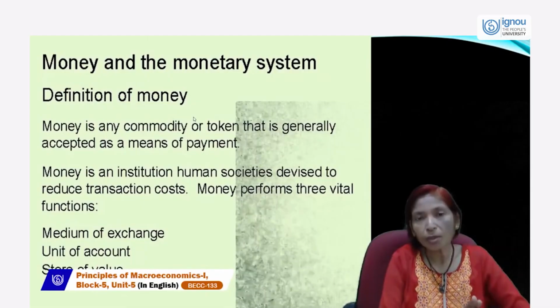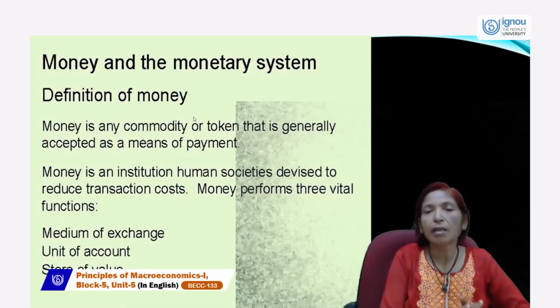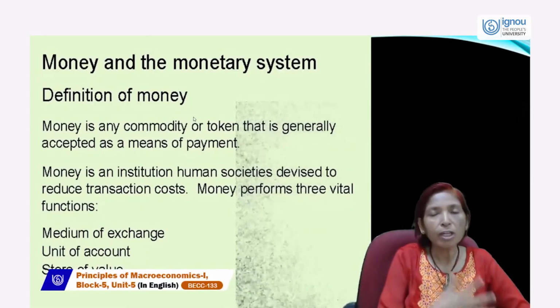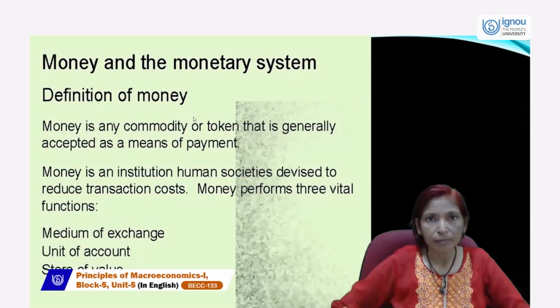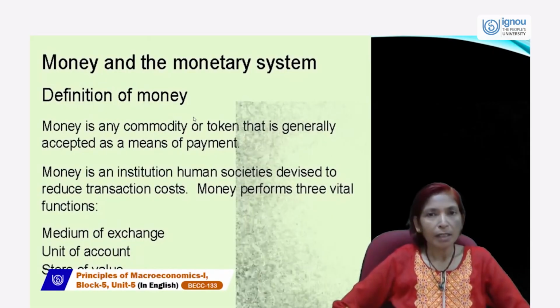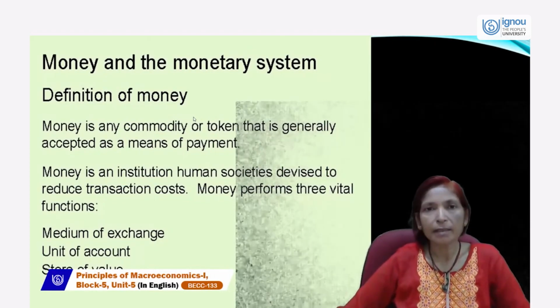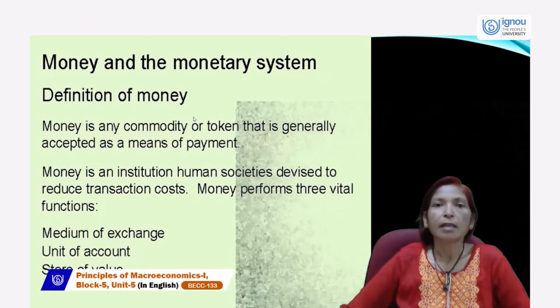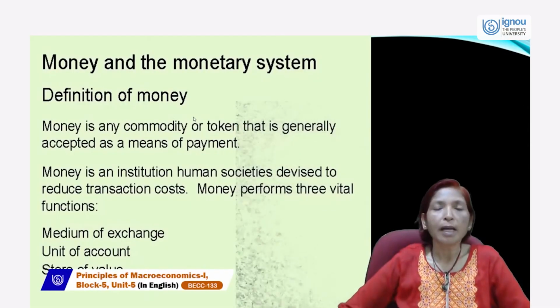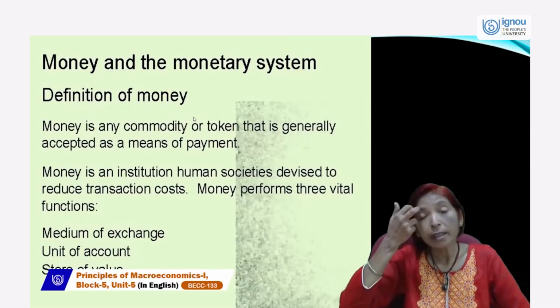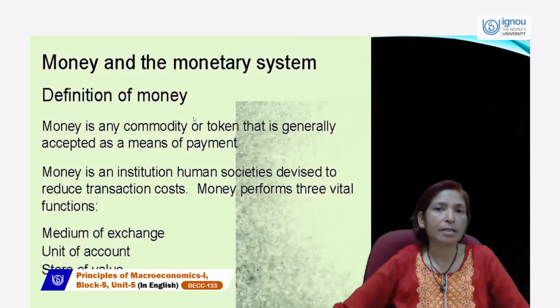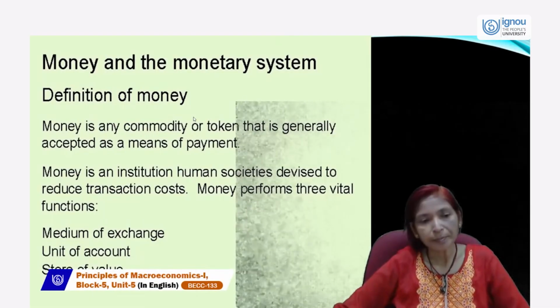If you store wheat in your godown, then wheat value will decrease in future because it will be damaged by pests or insects or rats.